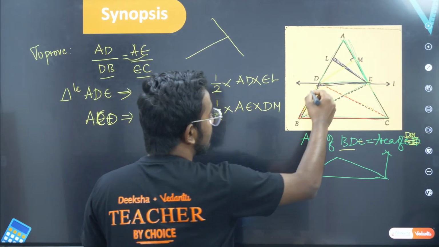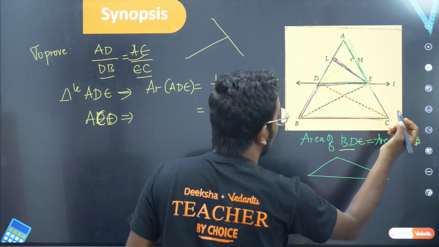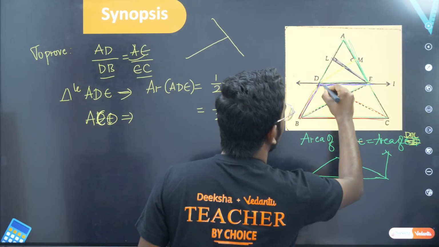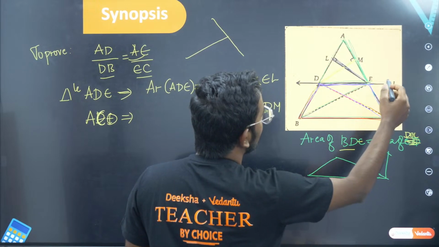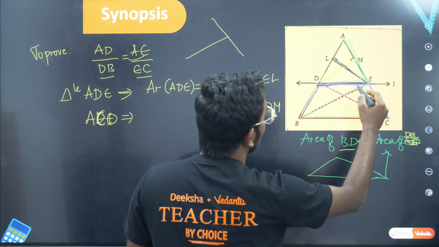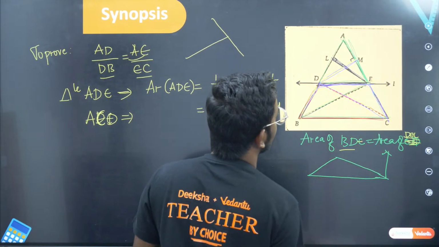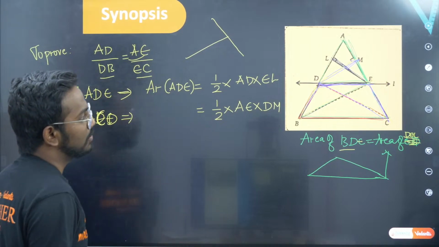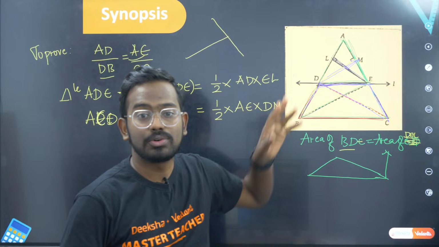Similarly for this triangle, let me take a purple one. So for DEC, the perpendicular is outside. So if you take the perpendicular for this, then the perpendicular is somewhere here. Yes, for this the perpendicular is DM. So always remember, if there is an obtuse angle triangle, then its perpendicular is always outside the triangle.